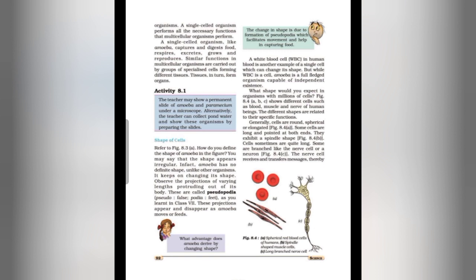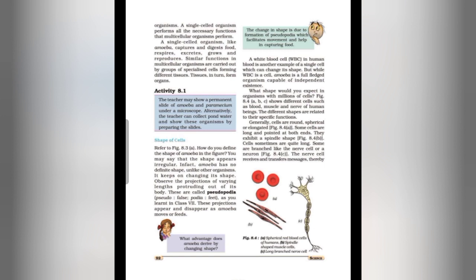A white blood cell, WBC, in human blood is another example of a single cell which can change its shape. But while WBC is a cell, amoeba is a full-fledged organism capable of independent existence.